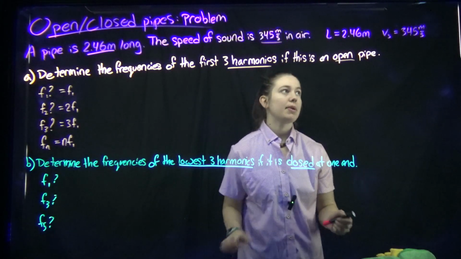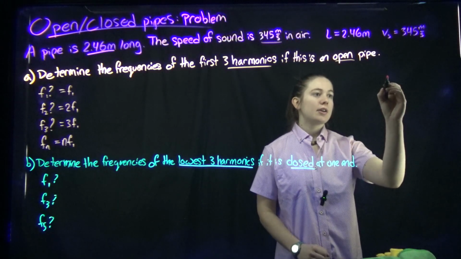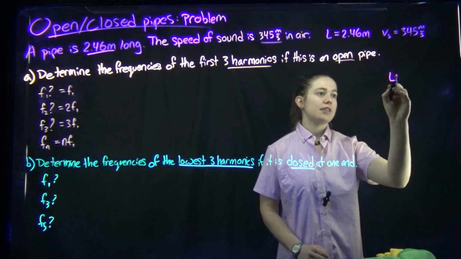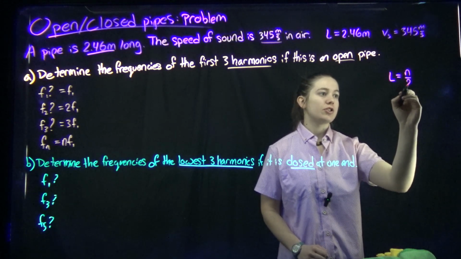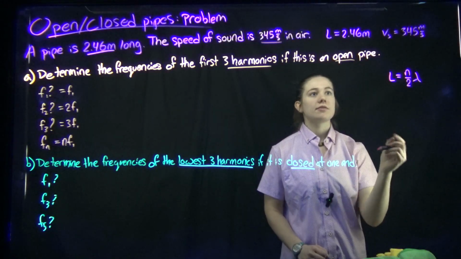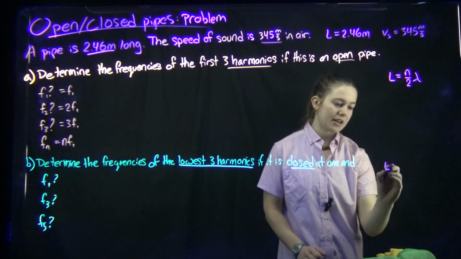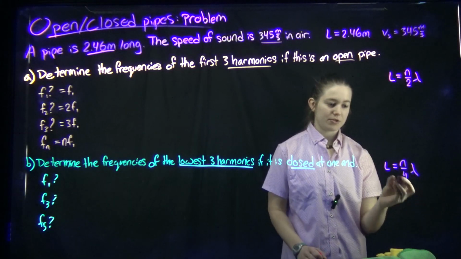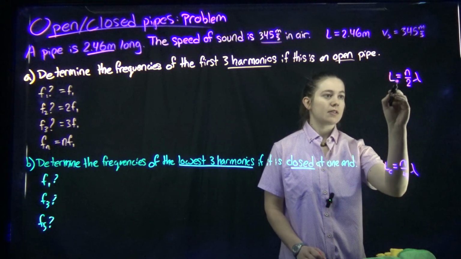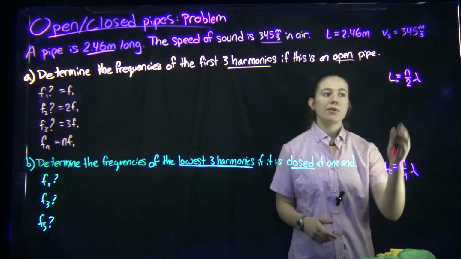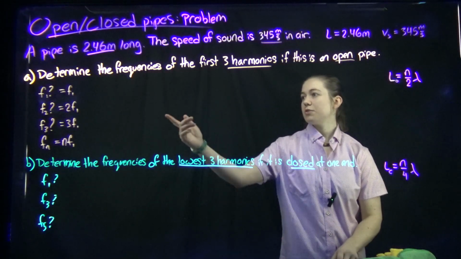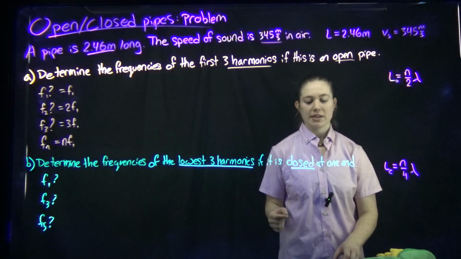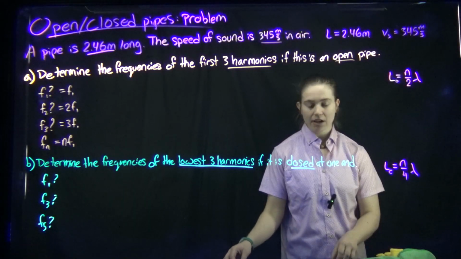So if you'll remember from our last video, we've determined that L is n over 2 lambda for open pipes, and L is n over 4 lambda for closed pipes. We don't have lambda, but we want to find the frequencies, not the wavelength.